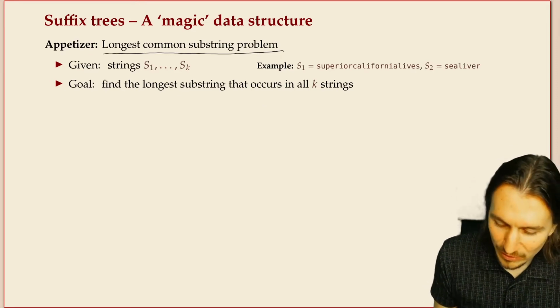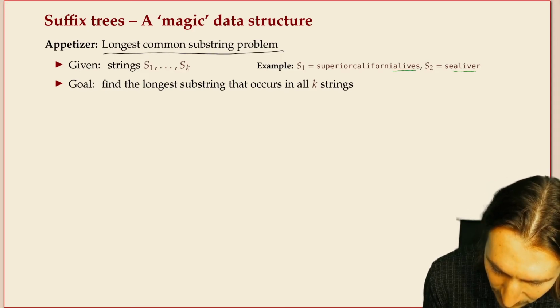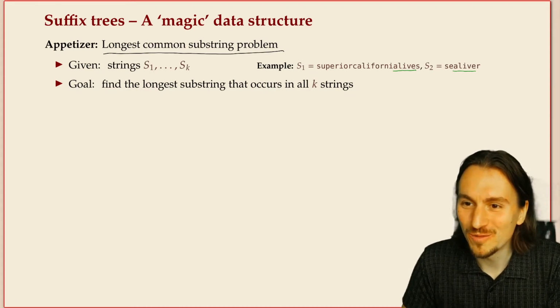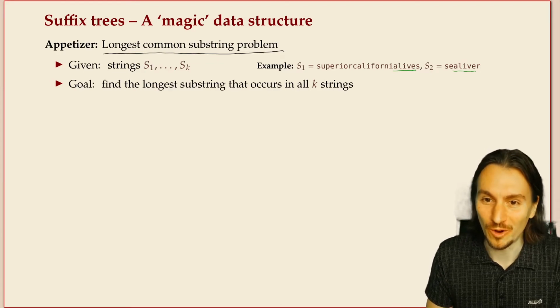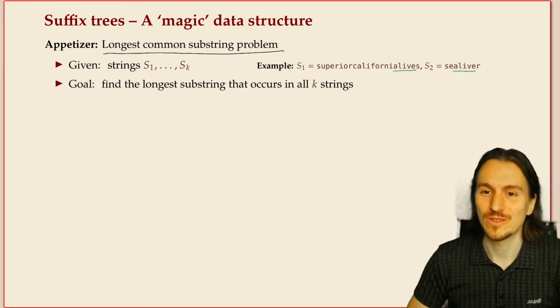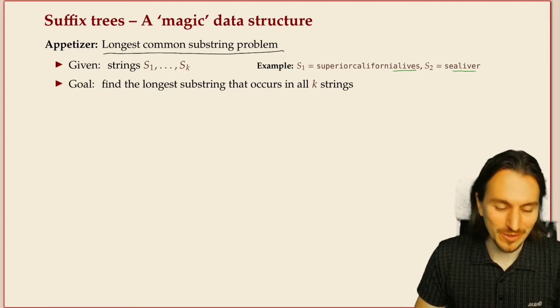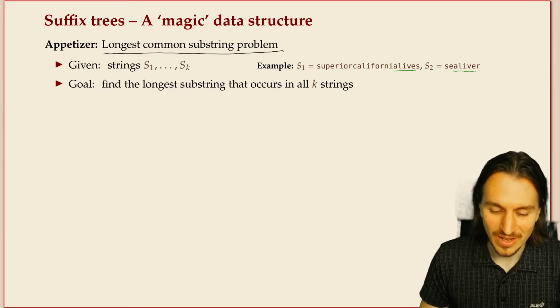And because the second is fairly short, you can check that alive occurs here and here. And if you spend some more time on this example, you will see that this is indeed also the longest or a longest repeated common substring. In general, there could be several of the same length, and then we can return any of these.